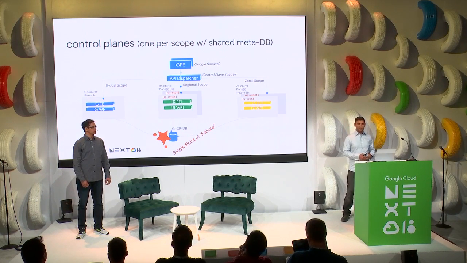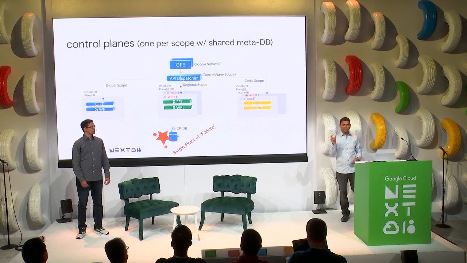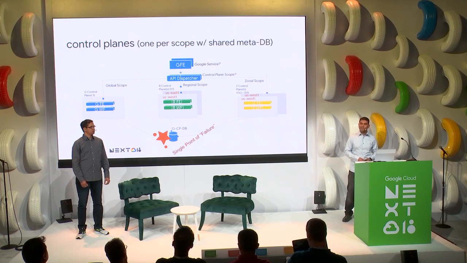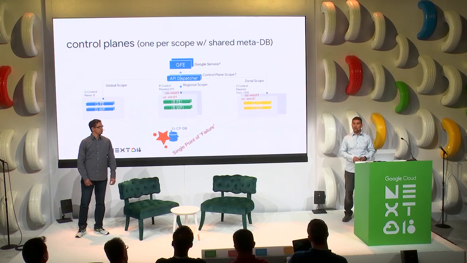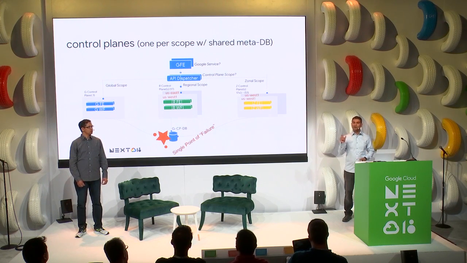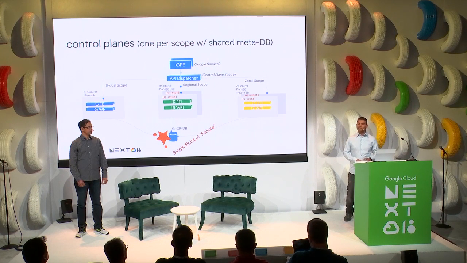And all it does is it's a scope parser. So in our URL path, all our resources are scoped. So you could reference, let's say, a disk, and a disk, as we know, is a zonal scope. So based on the specific zonal scope that you're interested in, the right control plane will be invoked here.